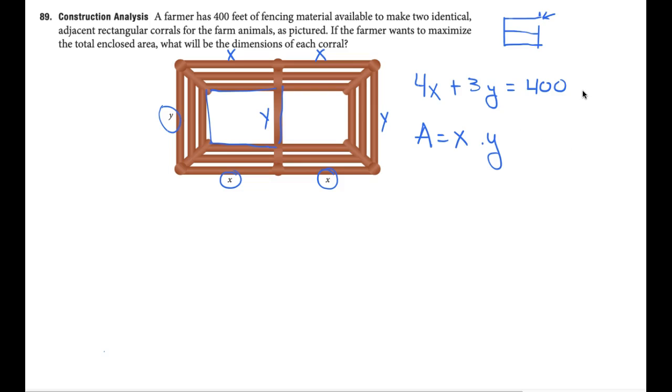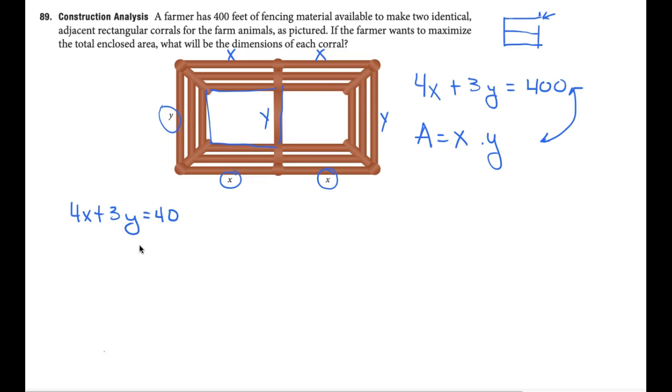So now we need to use these 2 formulas to figure out how to come up with a quadratic equation. I'm going to do one more step here for you, and then I'm going to have you try this for the Ed puzzle. There are a couple of different ways you can do it, and I'll tell you what I did: I solved the top one for Y. So you've got 4x plus 3y equals 400.